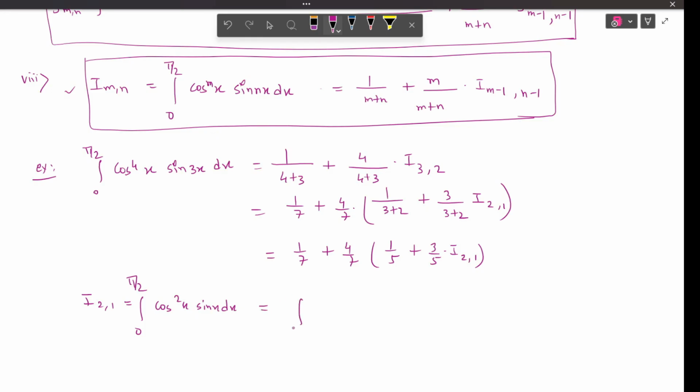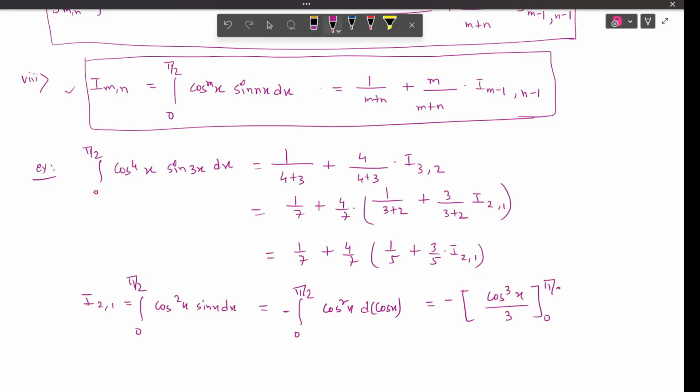See here, we can write integration 0 to pi by 2 cos square x, and sin x dx as d of cosine of x. The differentiation of cosine of x would be minus sine of x, so we will need a minus here. Now this is the x to the power n dx formula, right? Minus x to the power n plus 1 by n plus 1. So cos to the power n plus 1, that is 2 plus 1, that is 3, by 2 plus 1, that is 3.